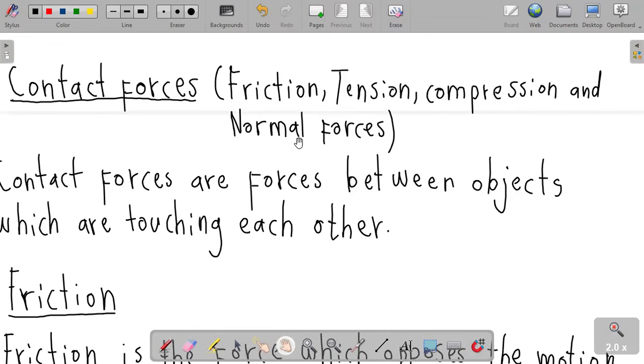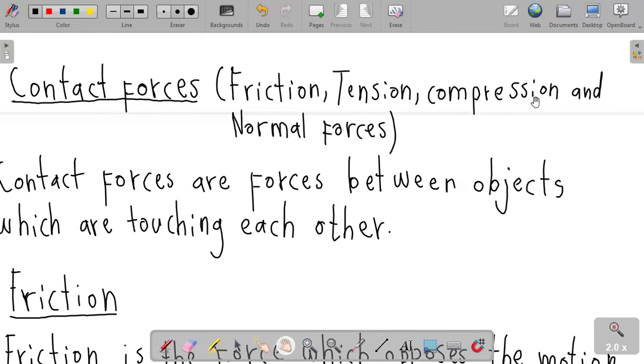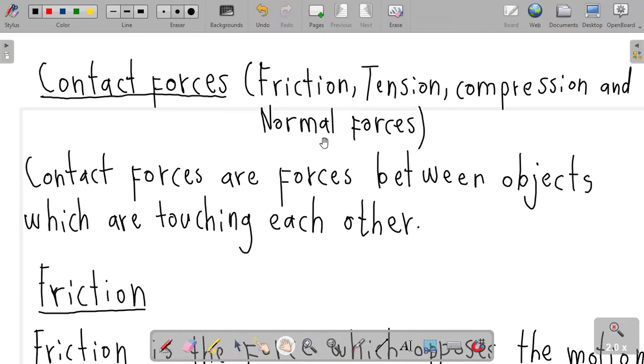I talked about friction, tension, and compression in this lesson. Then on the next lesson, I will show you normal forces, because normal forces are interesting, and because they depend on the surface that the object is on. They are relative to the surface here.